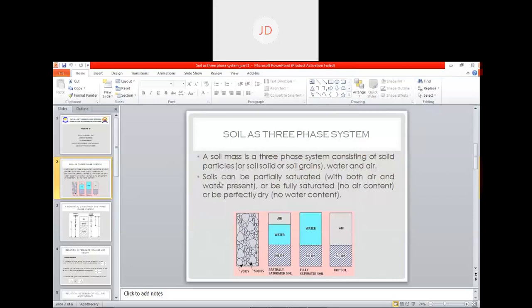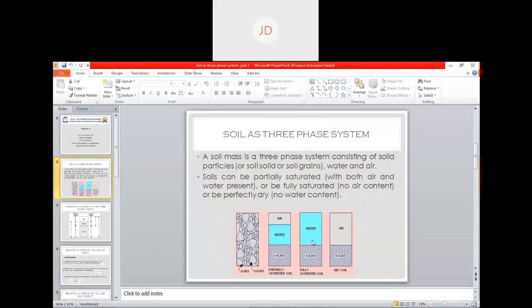And the next slide says: soils can be partially saturated with both air and water present, or be fully saturated with no air content, or be perfectly dry with no water. So let's discuss these two sentences. We'll have more clarity about these two statements from this diagram.